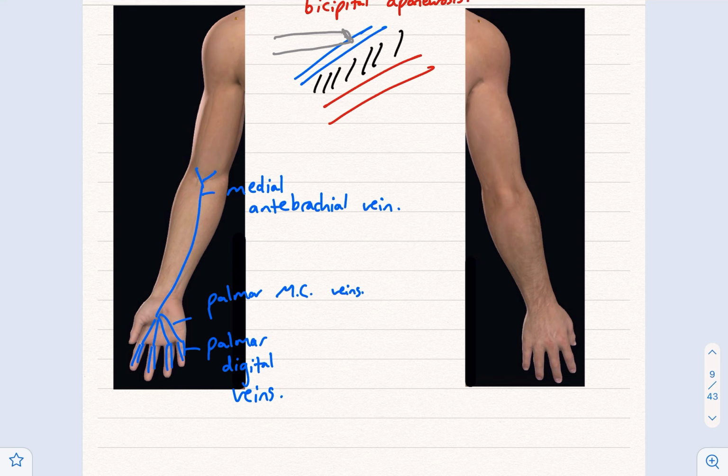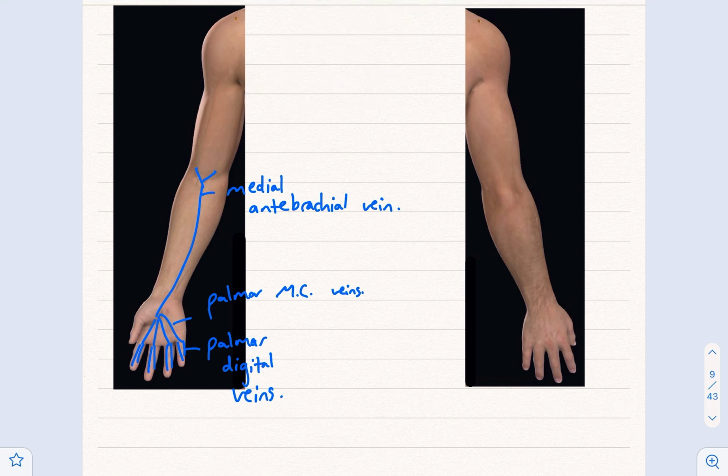Basically, this is like a sheet coming from the biceps tendon, and it just divides between the veins and the arteries, things like the brachial artery. So you're not going to be piercing the brachial artery, and it means that it's a pretty safe place to be taking blood from. So that's why we take blood from the cubital fossa. Yeah, let's just get rid of this then.